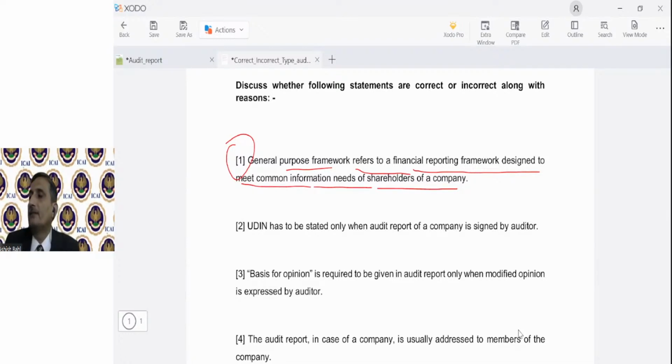Along with reason. Now, Abdul, you are saying the membership number is also unique, then what is the need of UDIN? Very good question. The membership number remains the same for the member throughout life.